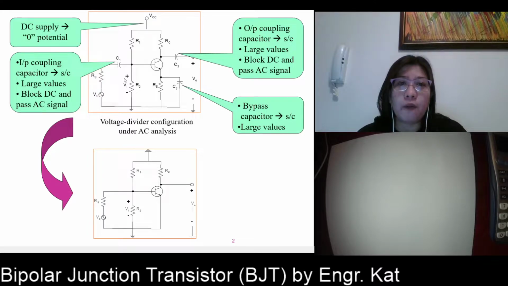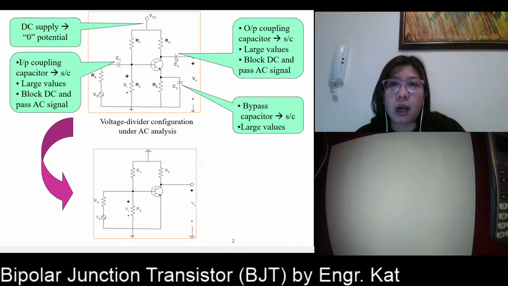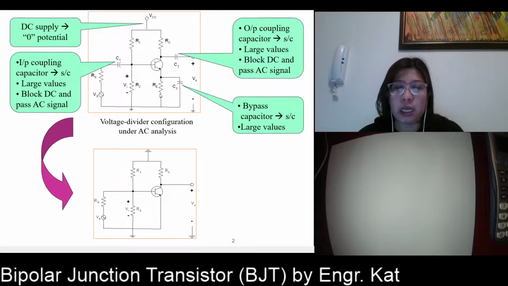We're going to have our first short circuit here for our input coupling capacitor, our second short circuit here as our output coupling capacitor, and the third capacitor is to bypass the effect of our RE. Later we will see the effect of RE if we do not bypass it and if we bypass it. So we're going to make your bypass capacitor C3 here equivalent to a short circuit.